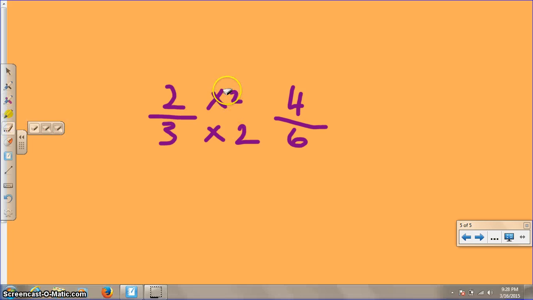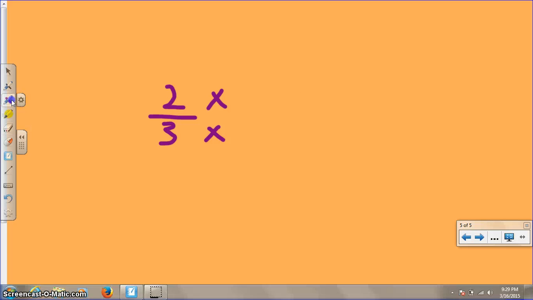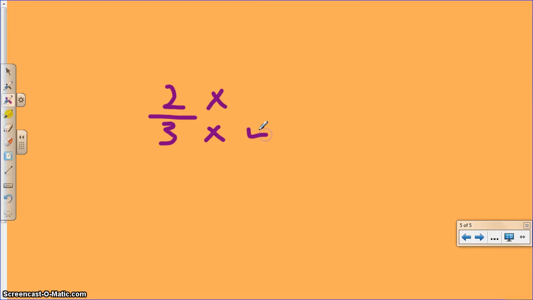They work. And I can keep doing this, guys. I can change the number all I want. Let's say I did 3 times 4. Well, 3 times 4 is 12, so that's my new denominator. And 2 times 4 will give me 8.